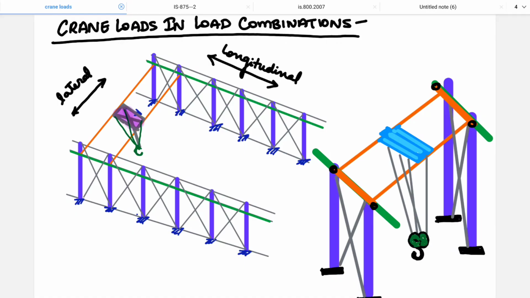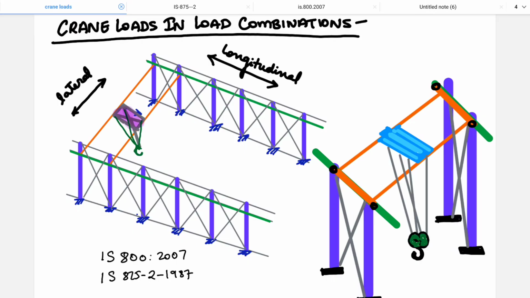So crane loads are not straightforward. We have to refer IS 800 2007. Also we have to refer IS 875 part 2 1987. These two codes have given the guidelines on how to combine various loads of cranes into the load combination table.